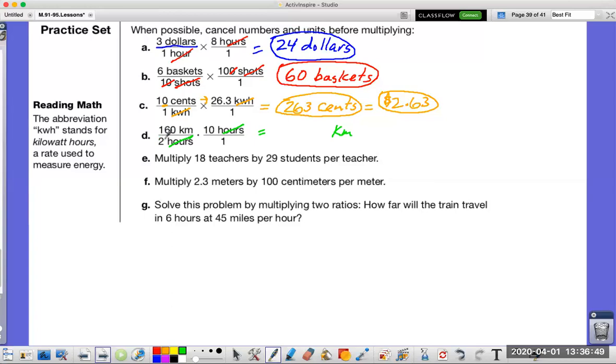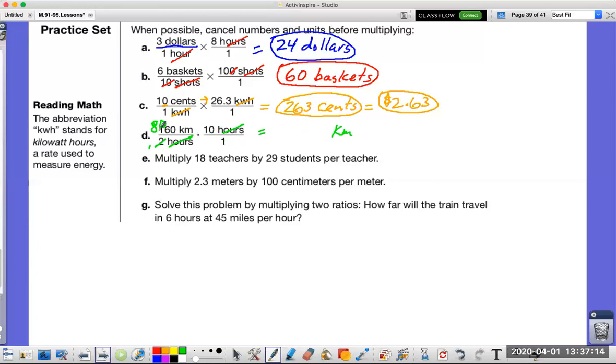I'm going to change this to 1, and I'm going to change this to 80. Why did I do that? Because I see that 80 is easier to multiply by 10 than 160 is. If I did it this way, it'd be 160 times 5. And I'd have to actually work out the math. I wouldn't be able to use mental math. I could, but I might more than likely be wrong. So I just want to use something I know.